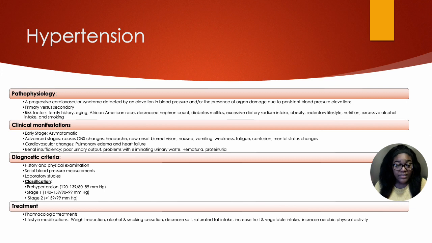And this is a progressive syndrome. Sometimes it's not detected until later. People don't necessarily know they have hypertension if they're not taking their blood pressure regularly. But it is a progressive syndrome that is detected by elevation in blood pressure or the presence of organ damage due to the persistent blood pressure elevation.